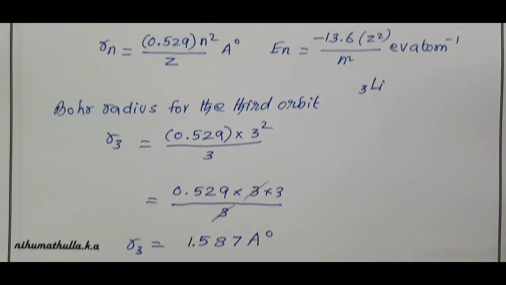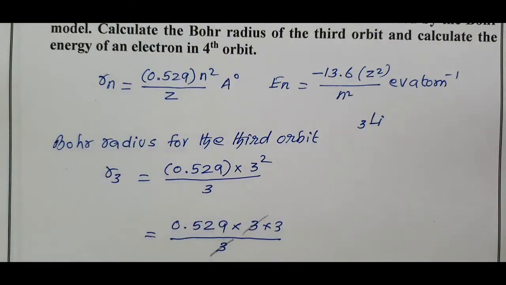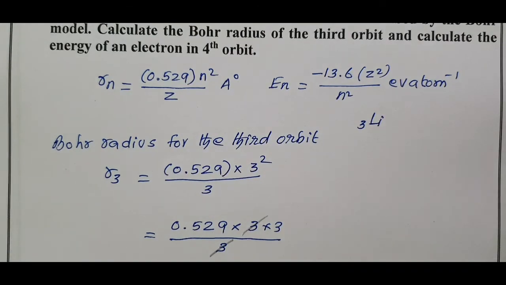Now we have to find out the energy of the electron in the fourth orbit.